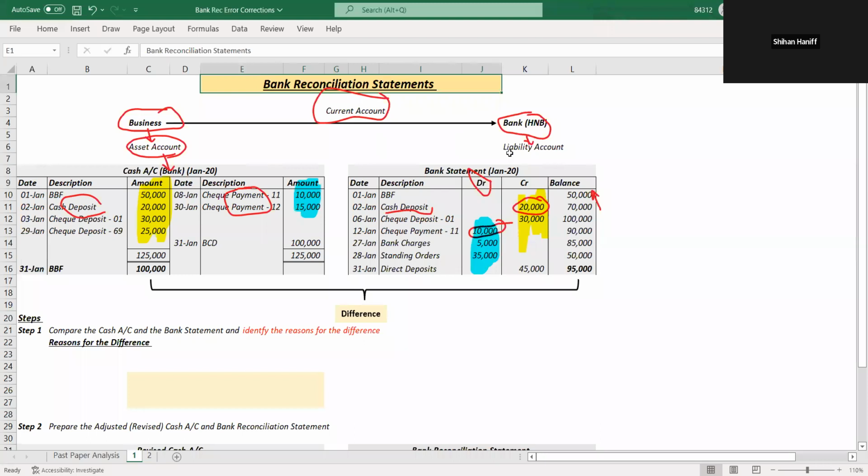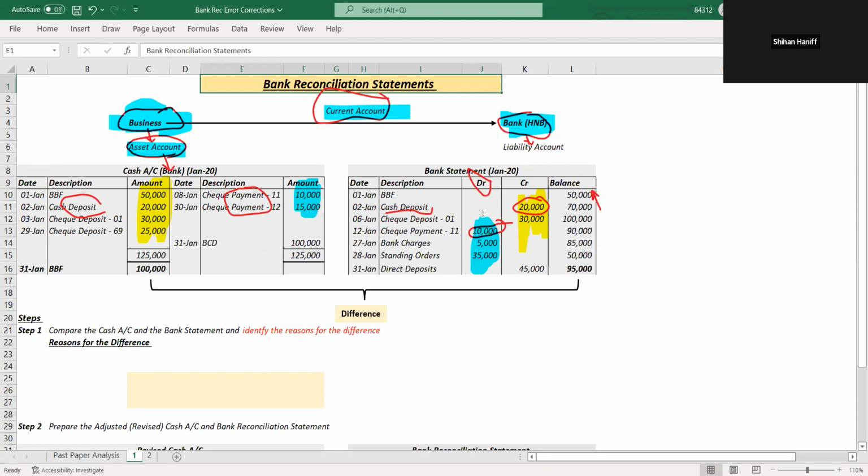And the bank will prepare a bank statement. So whatever transactions we record in the bank account should be equal to the bank statement. What we debit in the cash account must be credited to the bank statement, and what we credit in the cash account should be debited in the bank statement.